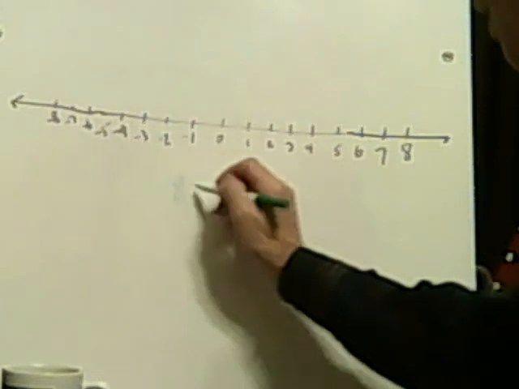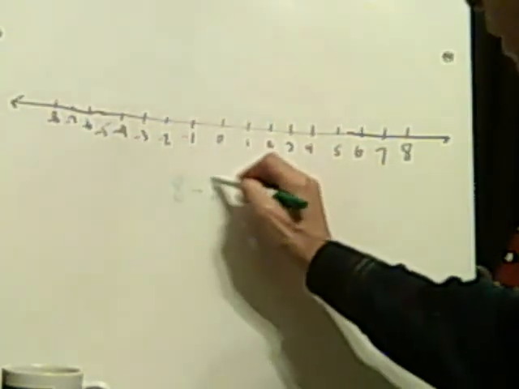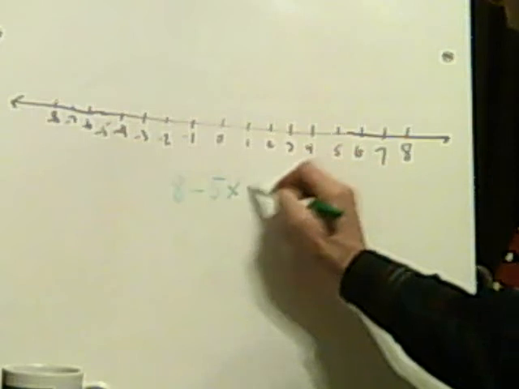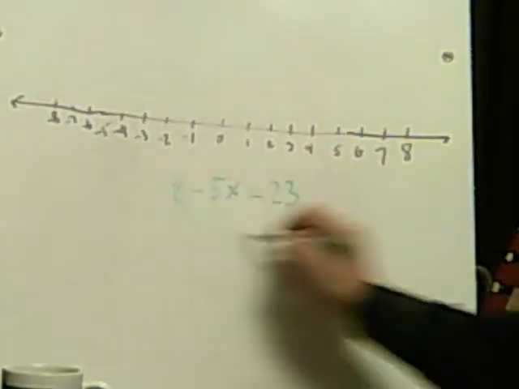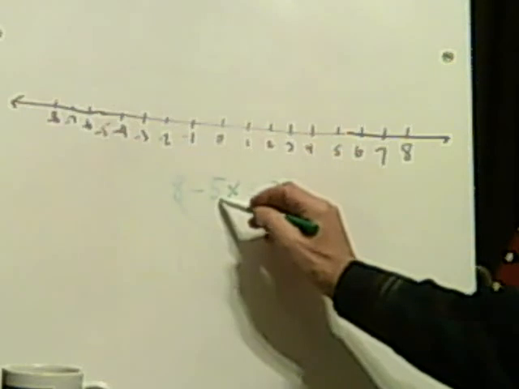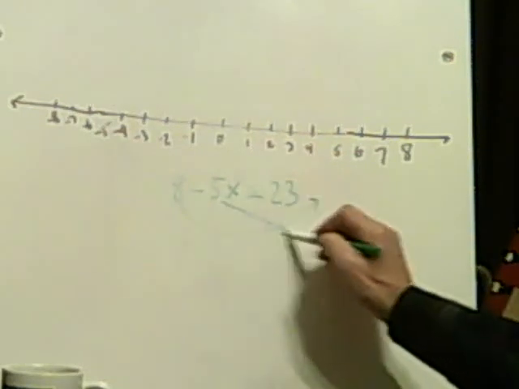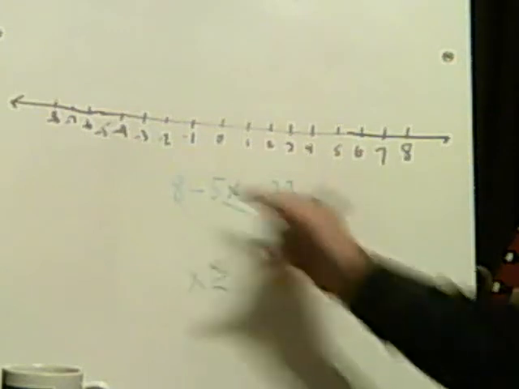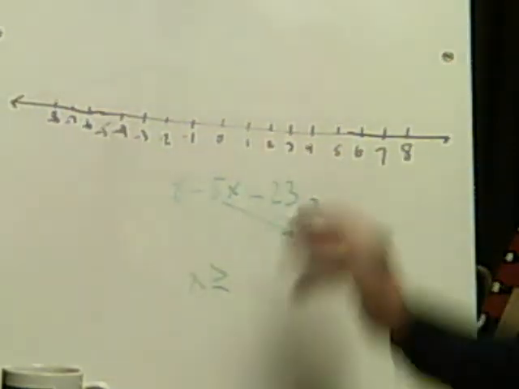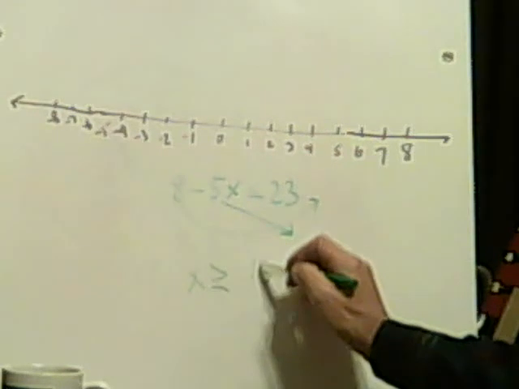Now let's go to 24. 8 minus 5x is less than or equal to 23. So we're going to move the 8 to this side, then we're going to divide by the negative 5, and we're going to end up with x greater than or equal to, because we were dividing by a negative 5, 23 minus 8, that's 15.